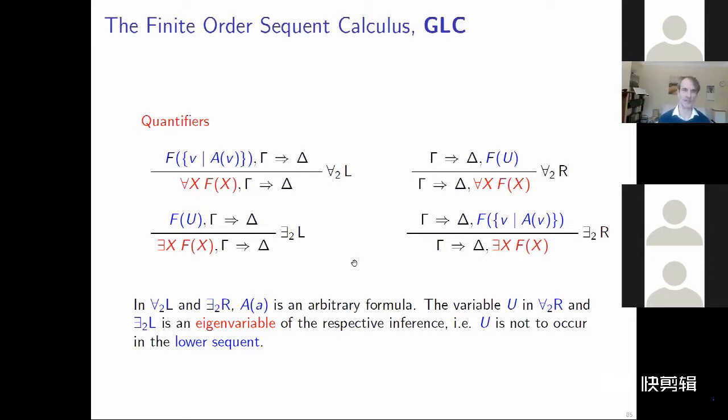And then there's also finite-order arithmetic. I just do here the second-order case. So here the idea is that these quantifiers, for all X with an uppercase X, range over sets of natural numbers. And these rules are written down here.